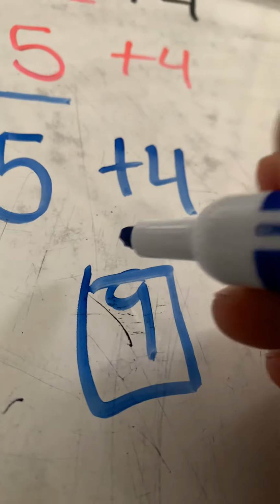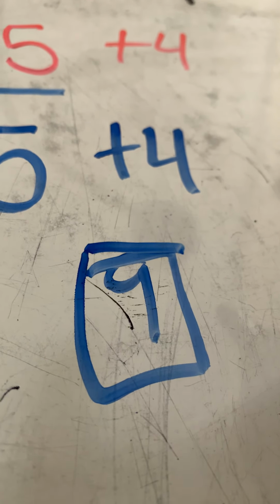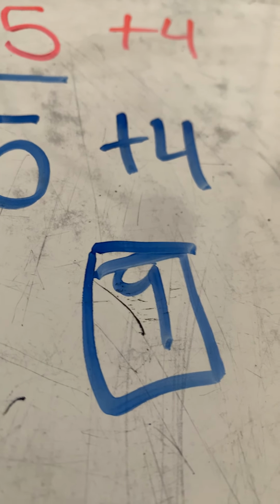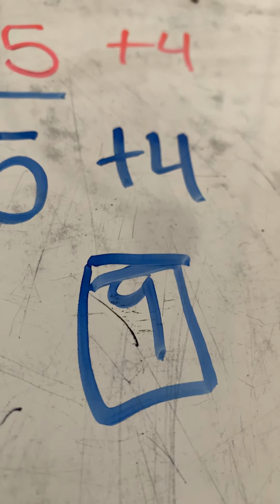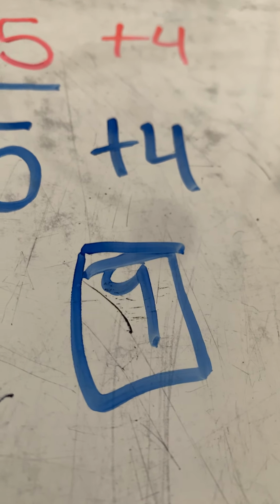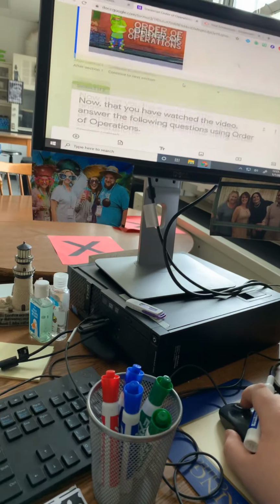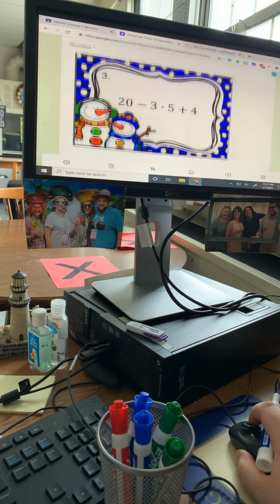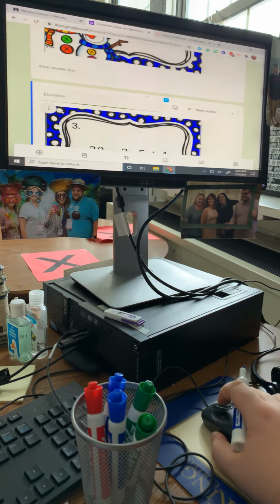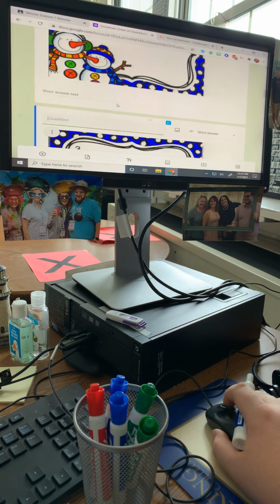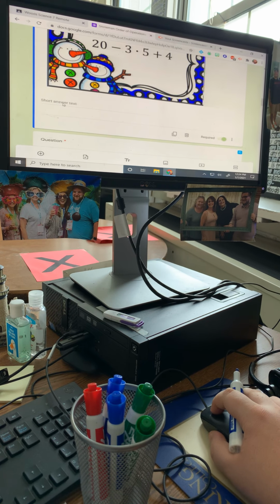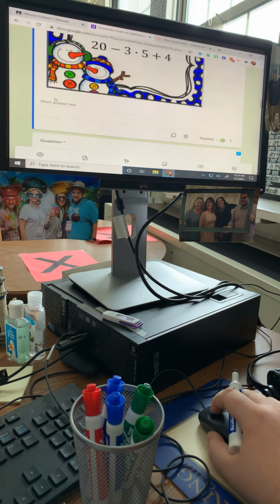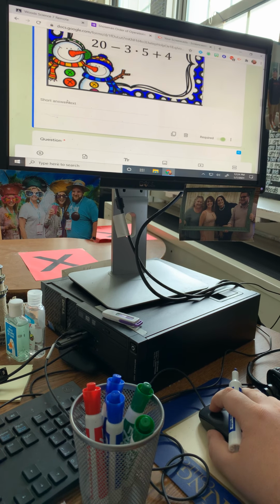So I equal it out to 9. Also know that as 6th and 7th graders you should know that is a positive 9. So in my form, that was question number 3. I will put on this blank, not that blank, this blank right here, 9.